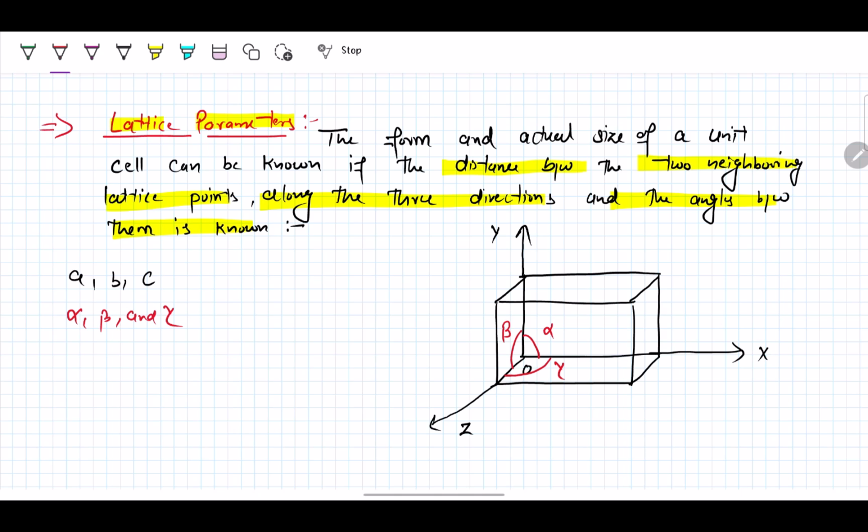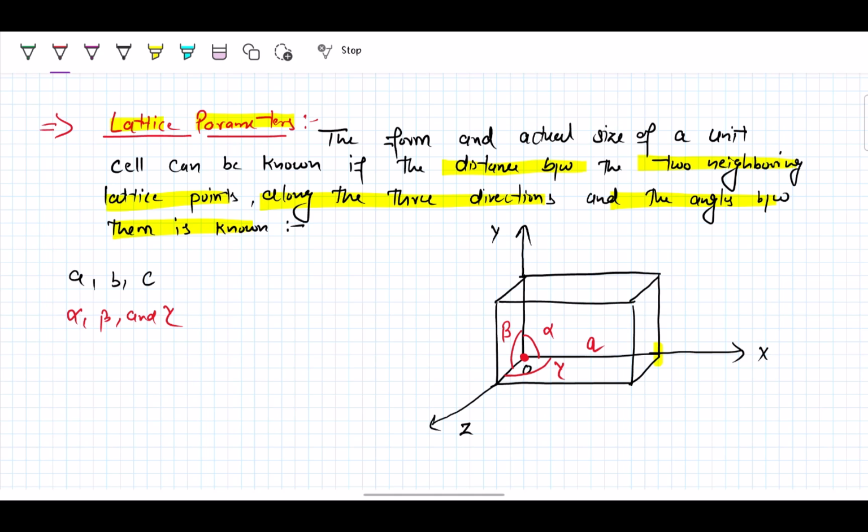If I take this origin, then from this origin along the x-axis, what is the position of your atom? Let's say the position is here. Then I can say that along the x-axis, the lattice parameter is A. This is A centimeter or A angstrom, because centimeter is a very big unit for any atom.